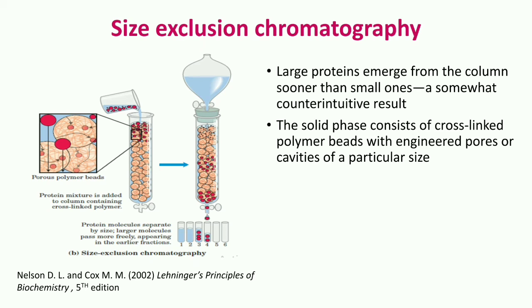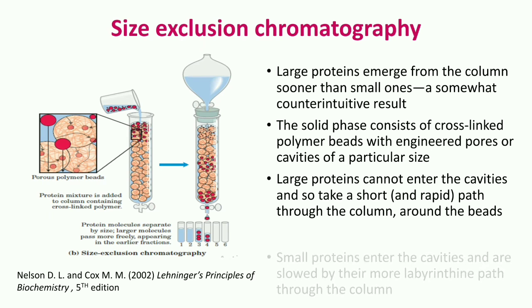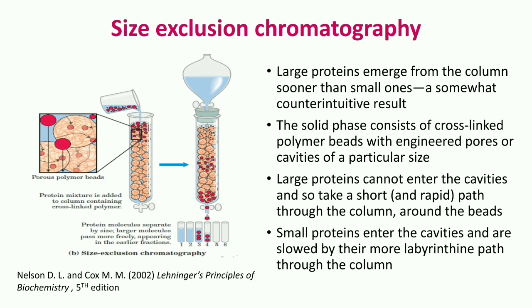These beads have engineered pores or cavities which are of a specific size. Large proteins cannot enter the cavities and so take a short and rapid path through the column around the beads. Small particles enter the cavities and are slowed by their more labyrinthine path through the column.